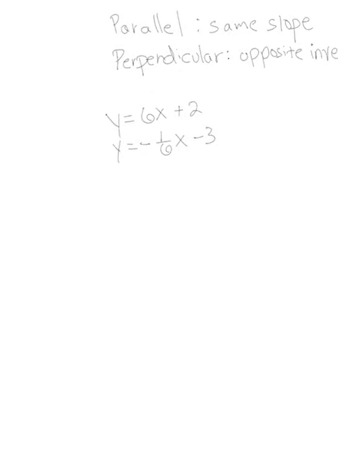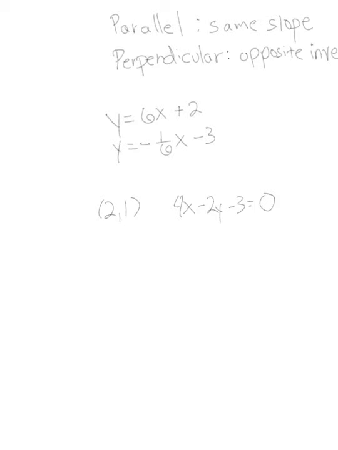So let's do a little problem with that. Let's say we are given a point, (2, 1), and we are given a line in standard form, 4x minus 2y minus 3 equals 0.